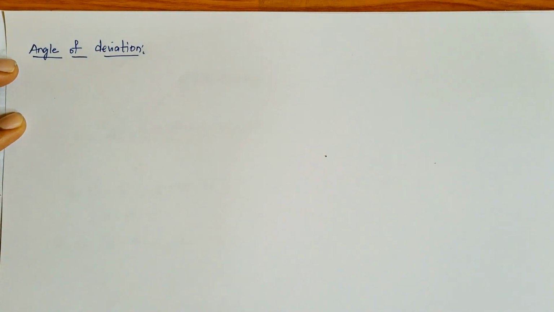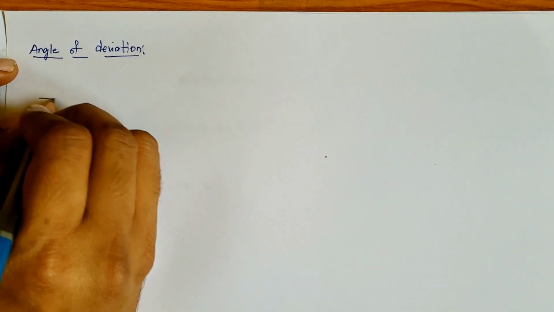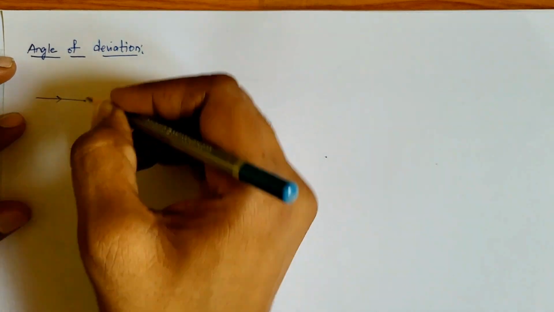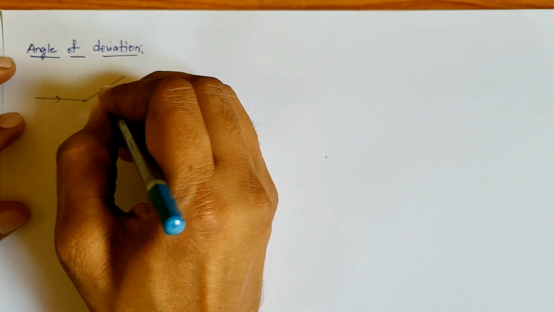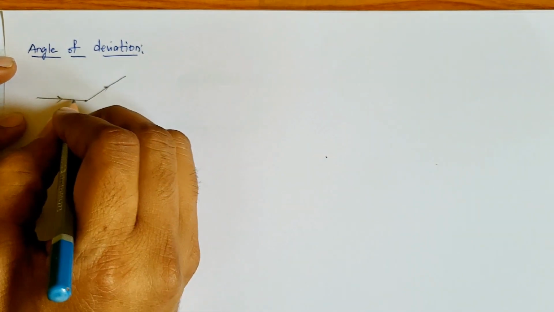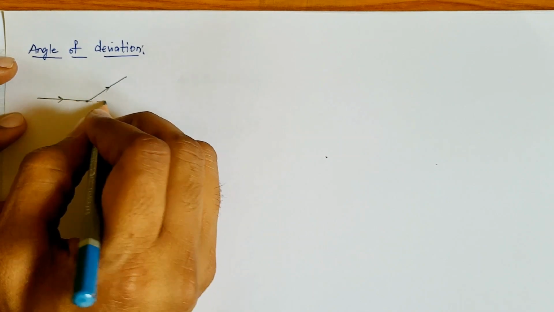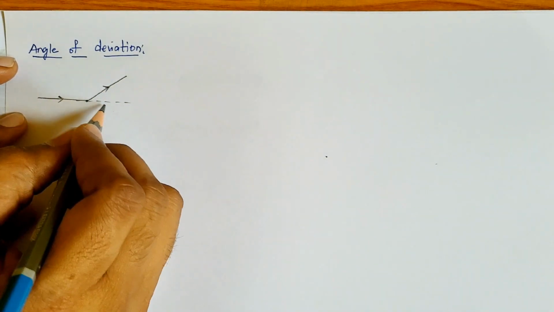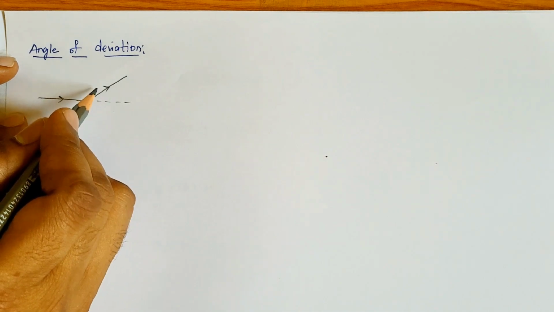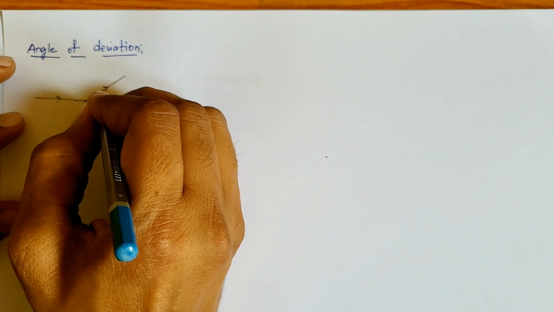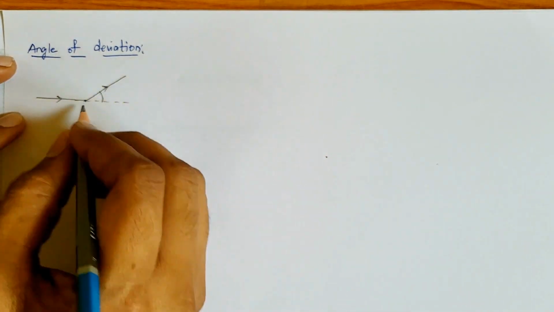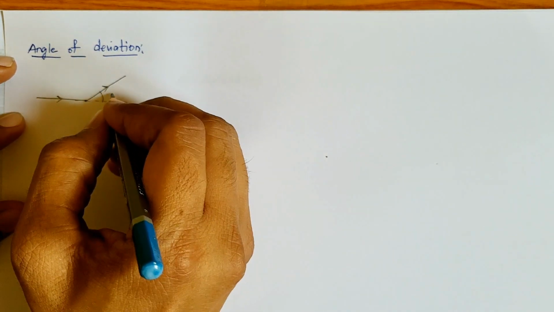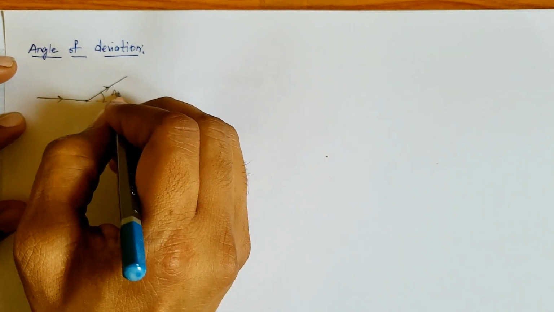At this point, you took a turn like this. Initially, you are moving in this direction, and you took a turn in this direction. So you got deviated from here to here. Correct? So this is the angle formed between your original direction and the present direction. This is known as the angle of deviation.